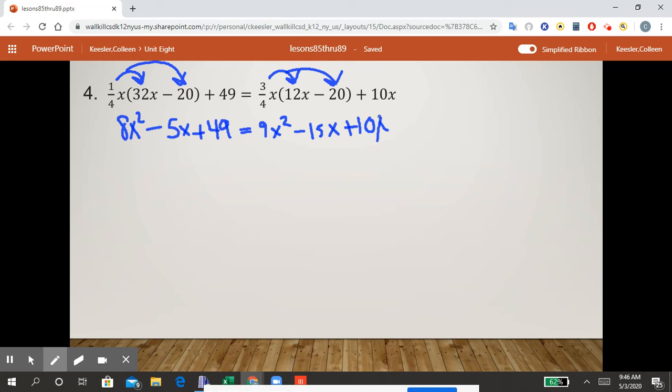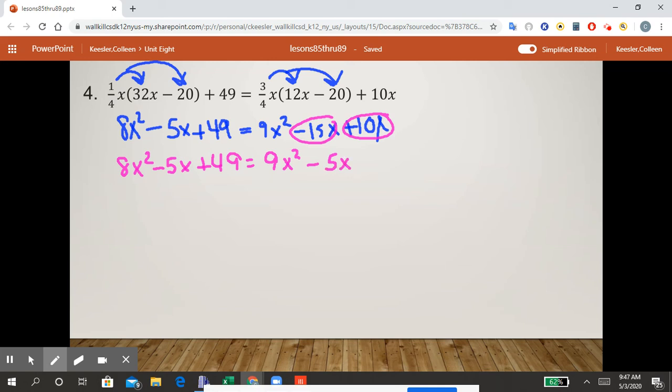Okay, then we simplify both sides if we can, which on the left-hand side, there's nothing that can be put together. But on the right, we can put together the 15x and the positive 10x. So we get 8x squared minus 5x plus 49 equals 9x squared minus 5x, because negative 15x plus 10x is negative 5x.